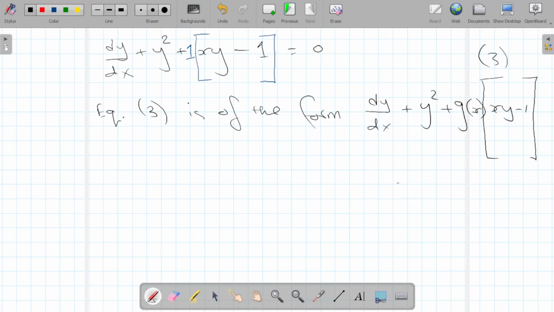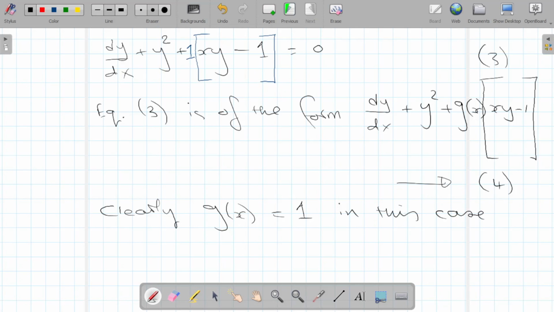I'm going to call that equation 4. So clearly, g of x equals 1 in this case. So equation 4 is the general form of this type of equation in equation 3.